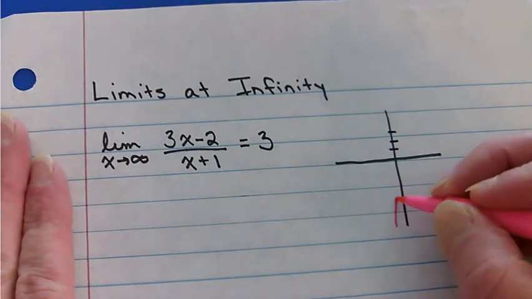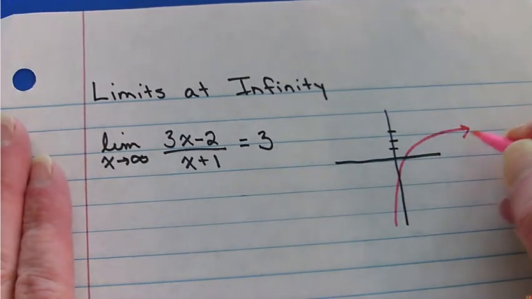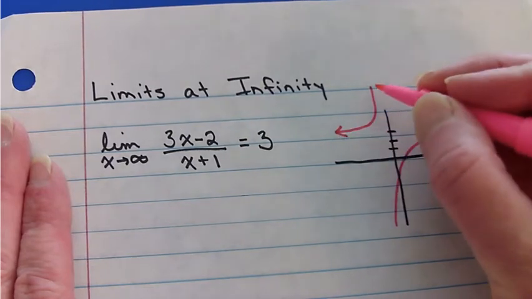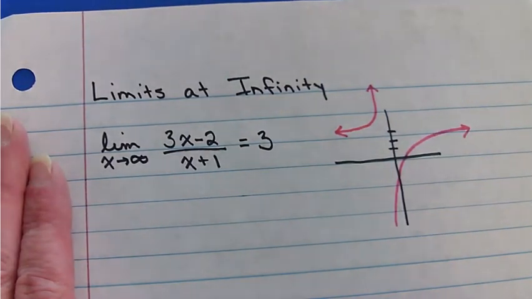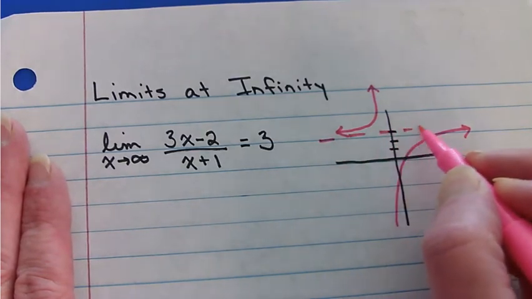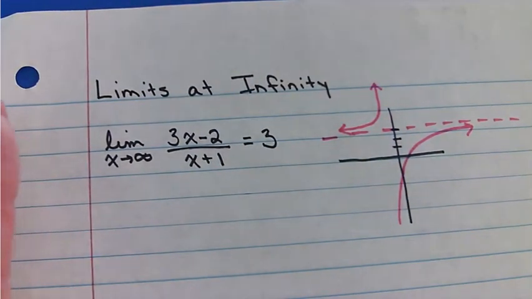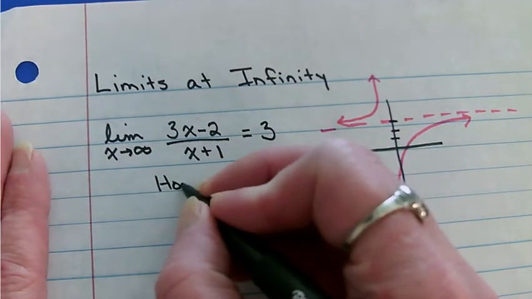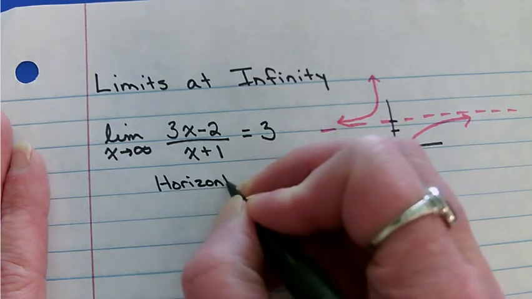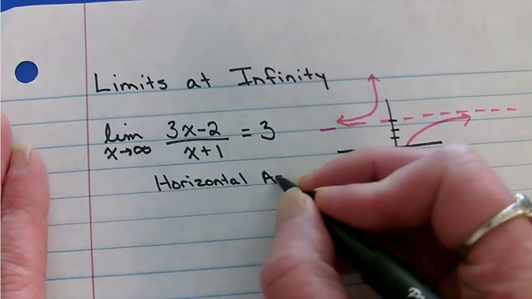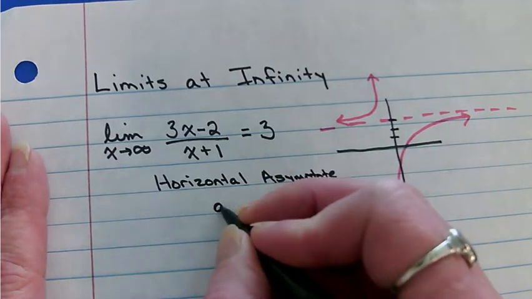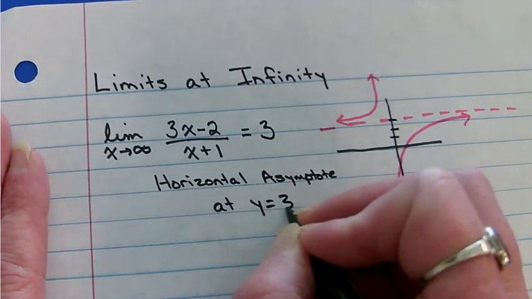It does something like this, and then this side's doing something like this. I have this horizontal asymptote. It's a line that the graph approaches but doesn't cross at the edges. There's a horizontal asymptote at y equals 3.